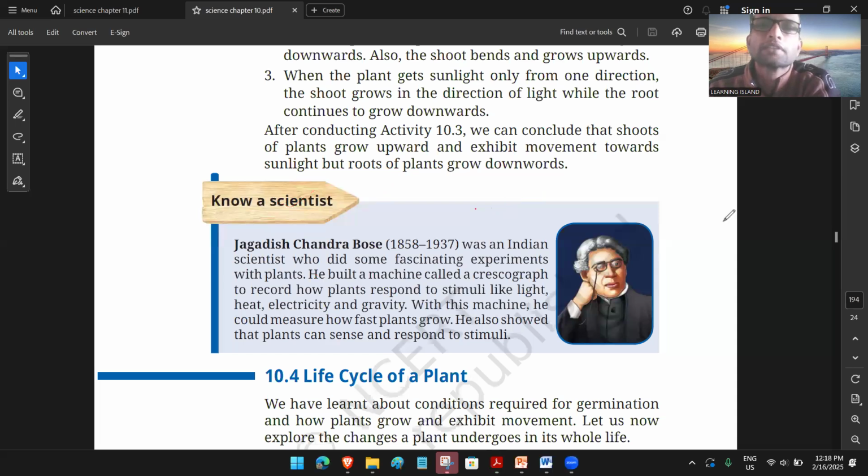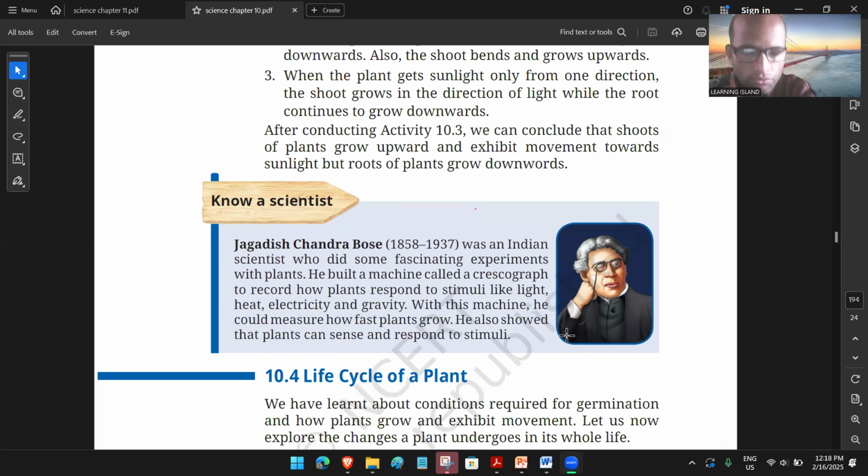Here you see one Indian scientist, Jagadish Chandra Bose, who did some fascinating experiments. I have now discussed with you the stimuli, that is the response to the external things sensed. A living being does this.